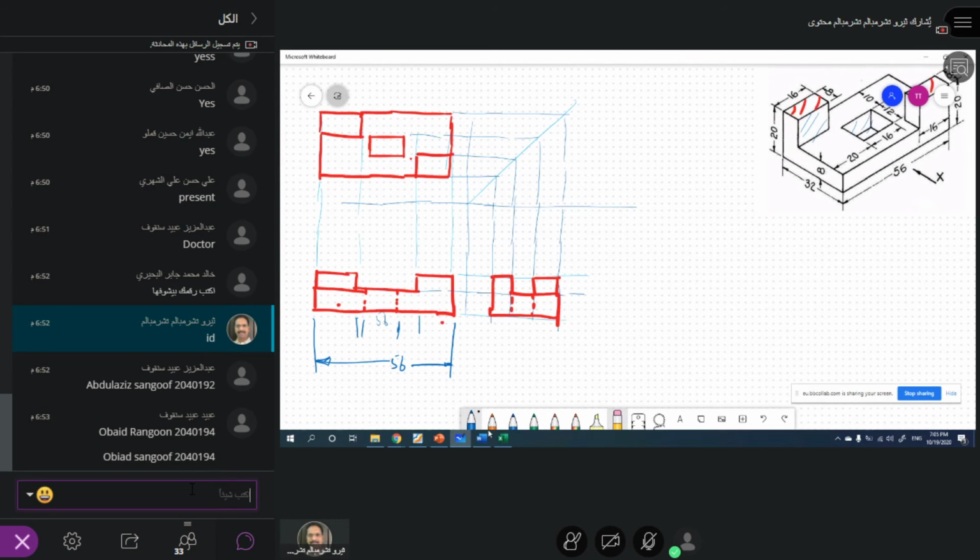So this is 16, and this should be 16, and this should be 16. And height, you can take the height from here. So this, here, this, aha, magic.